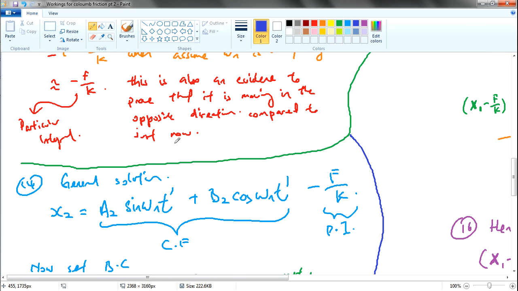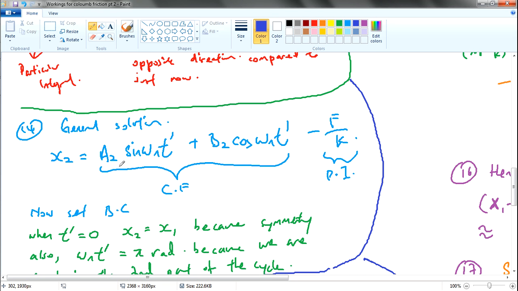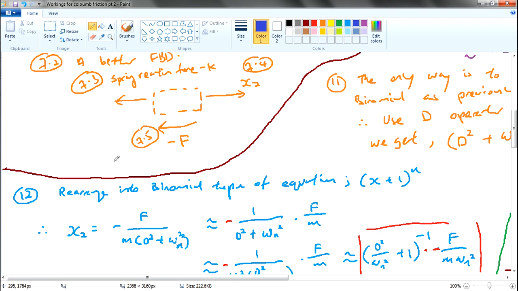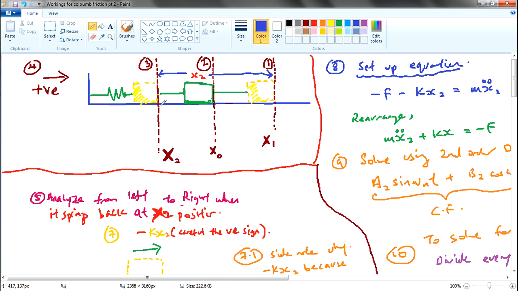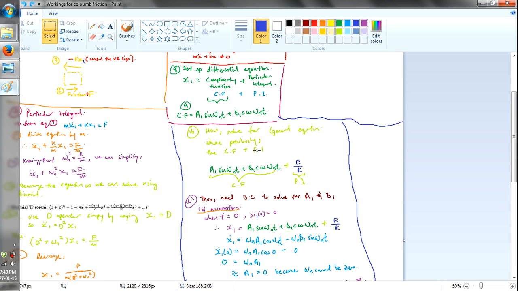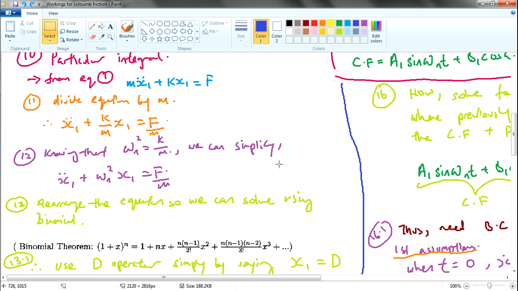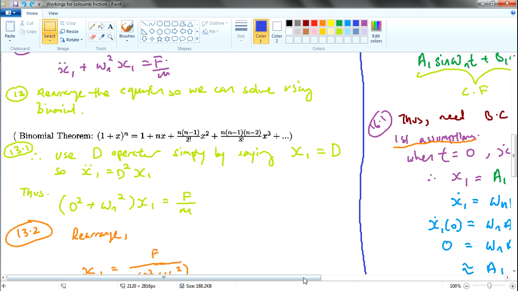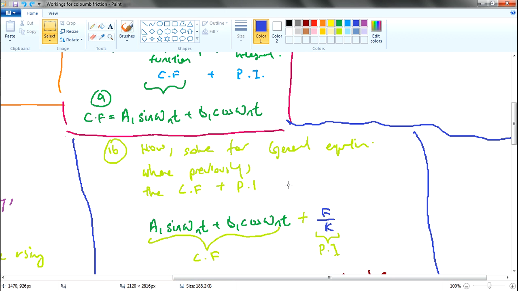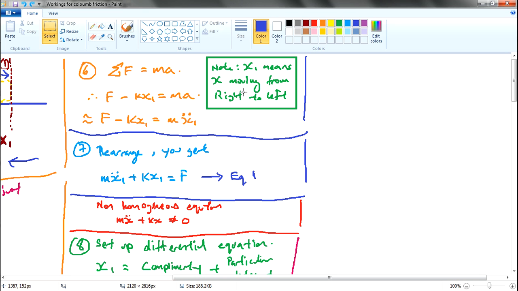And then now we solve for a1 and b1, a2 and b2, sorry. Just to let you know, the subscript 2 is describing the motion from the position x2 back to x1. As I mentioned very earlier, the subscript 1 is x moving from right to left.